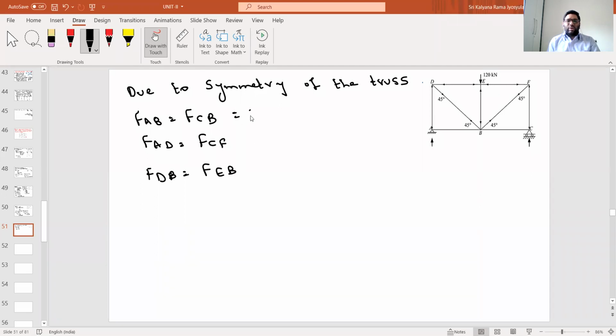So let us write what is FAB: 0, FAD minus 60, FDB is 60 root 2.